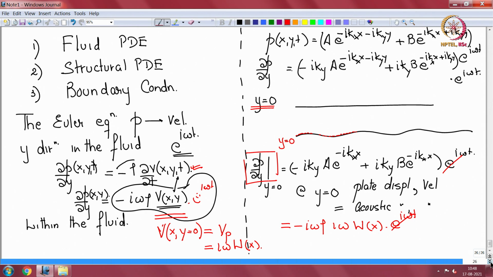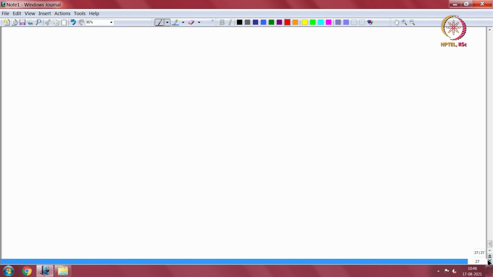So this is what I have. If I rewrite this, what I have is omega square rho W of x is equal to minus I k y A plus I k y B, e to the power of minus I k x x, where the time term I have removed.